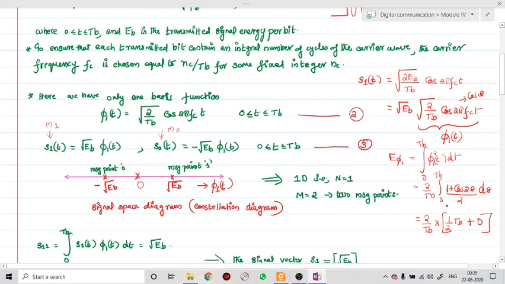So if you integrate that, you will get 0. So this is equal to 1. That is, the energy of the signal phi 1 is 1.